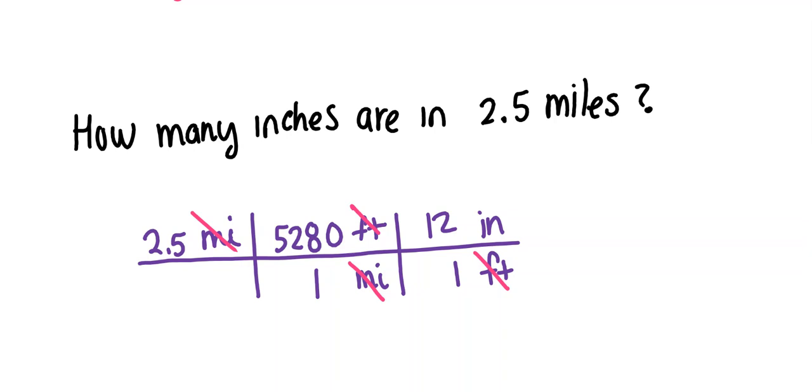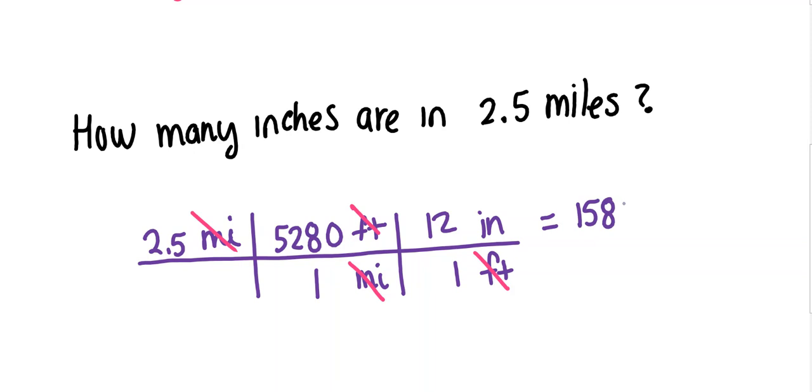So remember, this is a big fraction, and you can treat these bars like they're parentheses. So to put this in your calculator, remember the ones don't do anything, whether you multiply or divide. You'll just say 2.5 times 5,280 times 12. And our calculator gives us a big number.